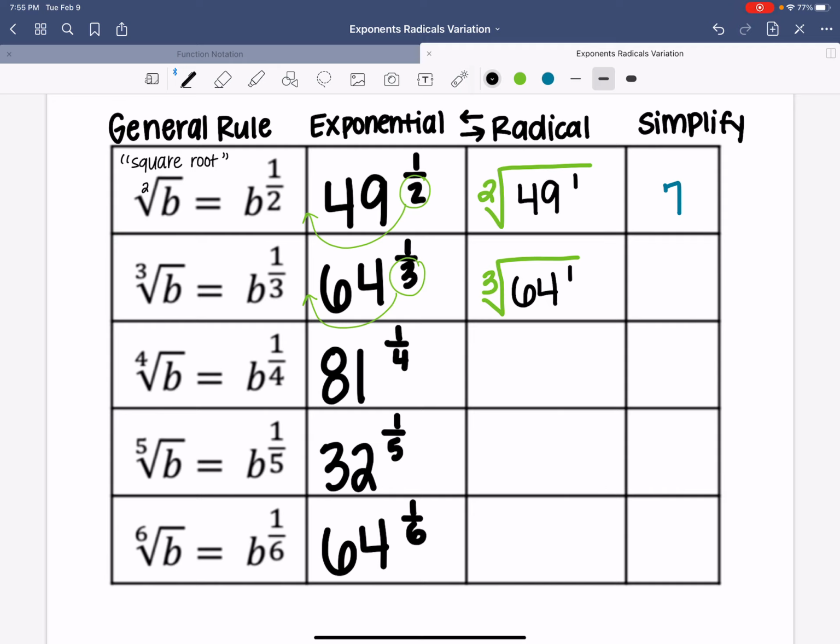And once we get done with converting all of these, then we'll go back and simplify them all. All right, the 4th root of 81, the 4 is going to become the index. So we're going to have the 4th root of 81 to the 1st power.